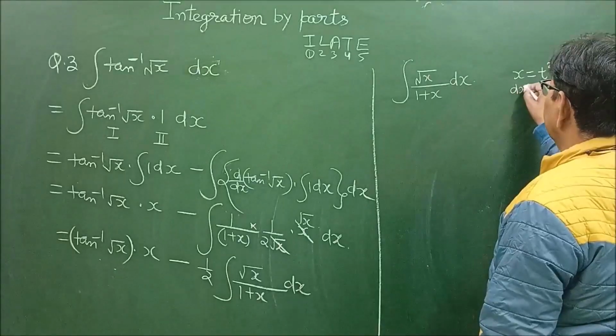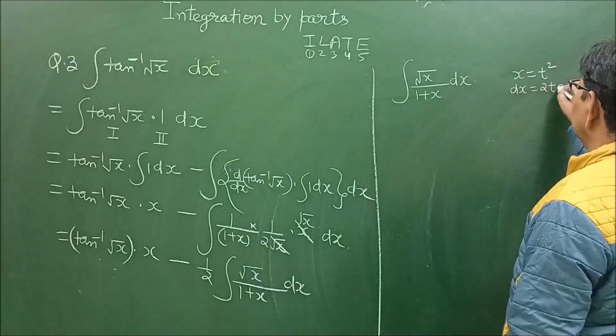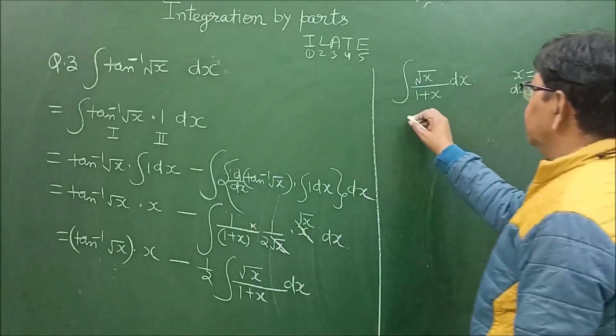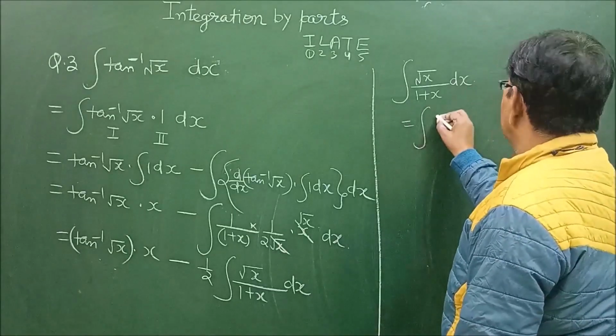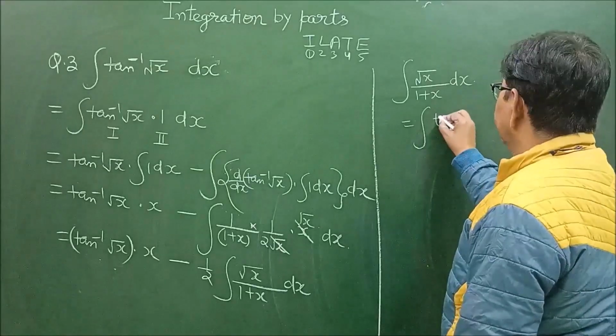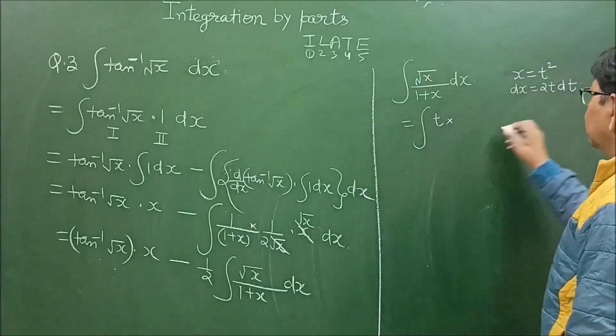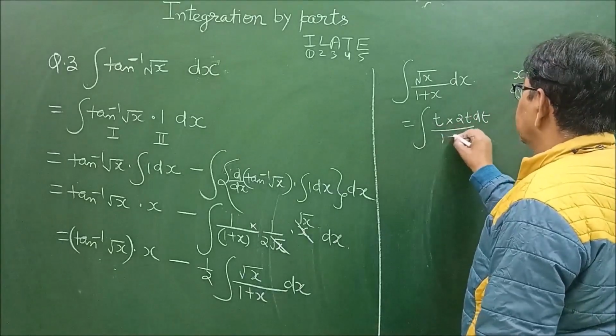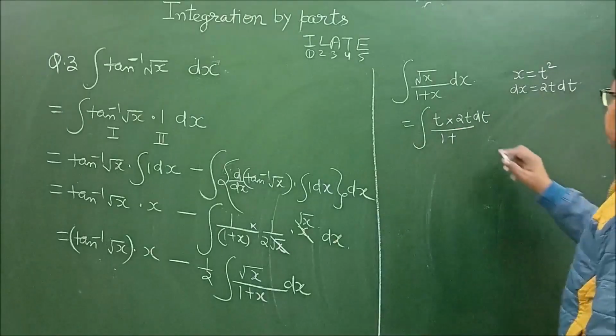On differentiating, dx is equal to 2t dt. So replacing dx by 2t dt here, the integral, with root x equal to t and dx equal to 2t dt upon 1 plus x, meaning 1 plus t square.